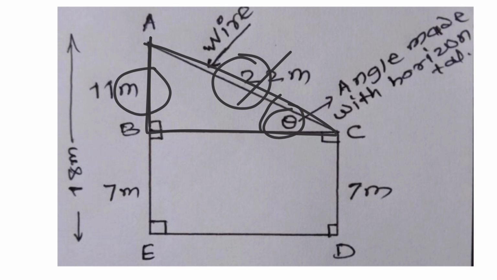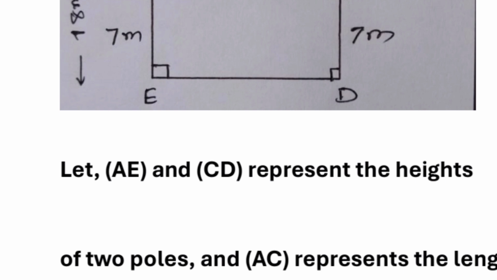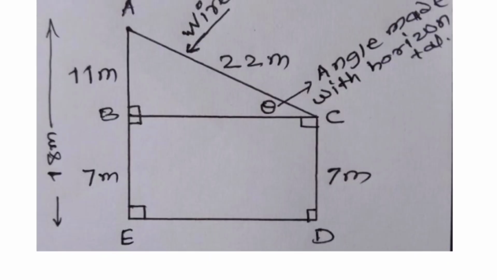For this, we use the trigonometric ratio sin theta. Sin theta means opposite side of angle theta upon hypotenuse. Therefore, opposite side AB and hypotenuse AC.